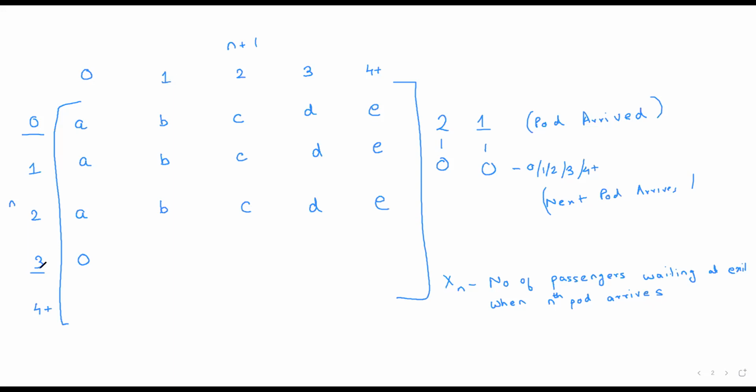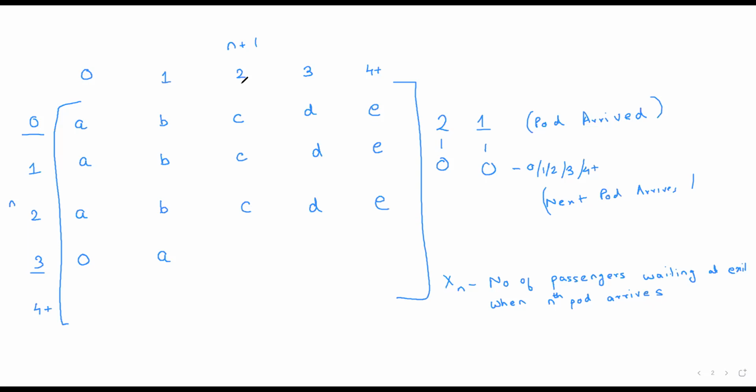This again, I'll keep on repeating for complete clarity. Three passengers were there when the last pod arrived. It took away two of them. One passenger was there. Now, how will I again have one passenger when the next pod arrives? If zero passengers are arriving at the exit, the probability of that is A. How will I have two?